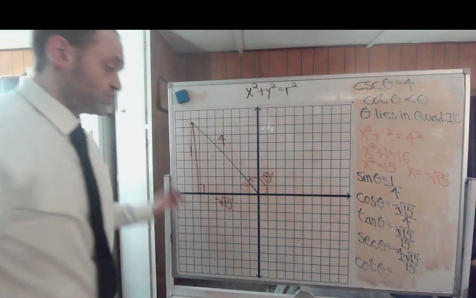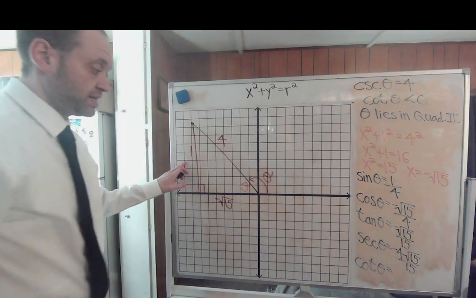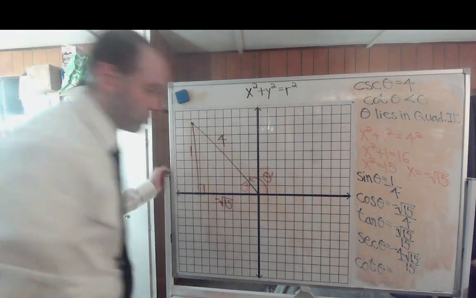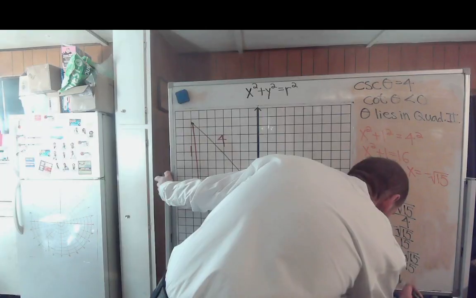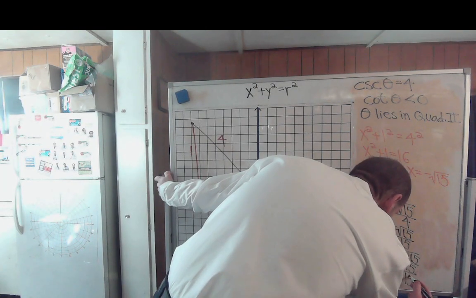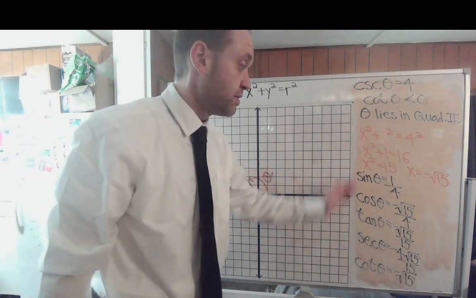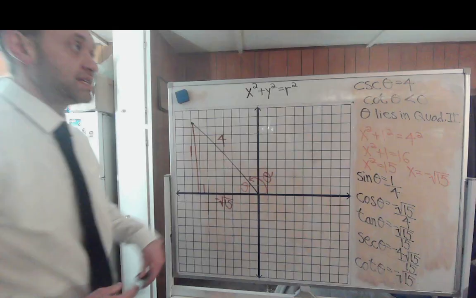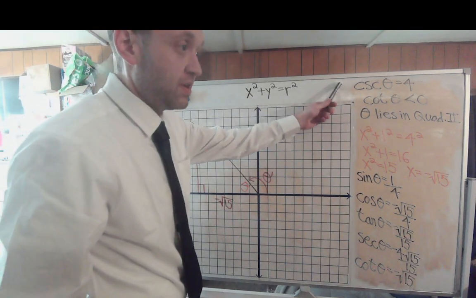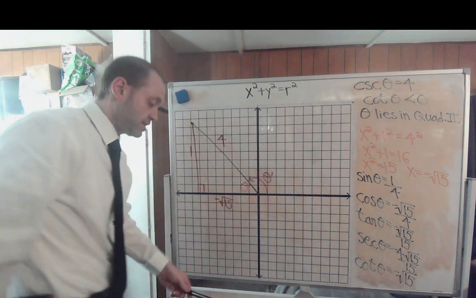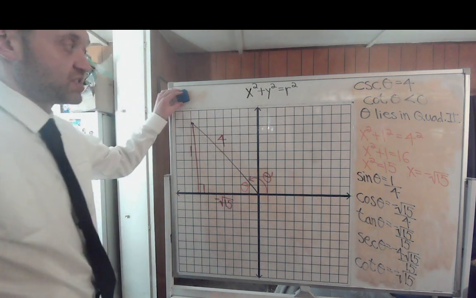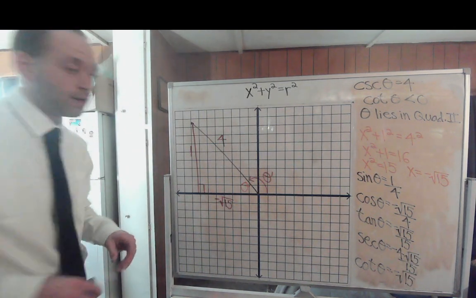The cotangent's the adjacent over the opposite, so negative square root of 15 over 1 just leaves you with a negative square root of 15. So there are going to be your other 5 trig values based on the information that we were given and deduced and the radius we solved for. Or I should say the length of x that we solved for.